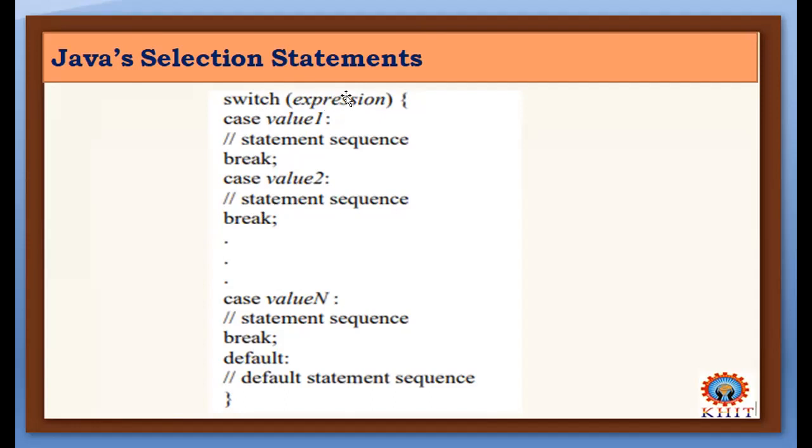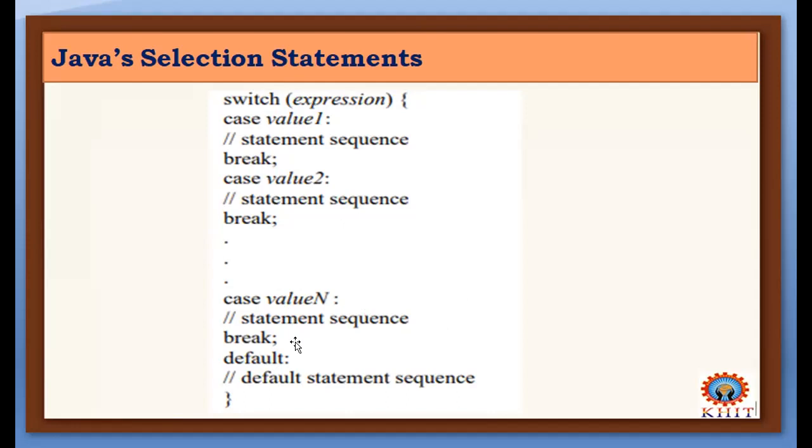Then if expression becomes 1, then case 1 is executed. If your expression is none of these cases, that means it is not in this range of values, then by default the other statements we need to write here. So if none of the cases match, then the default case will be executed.